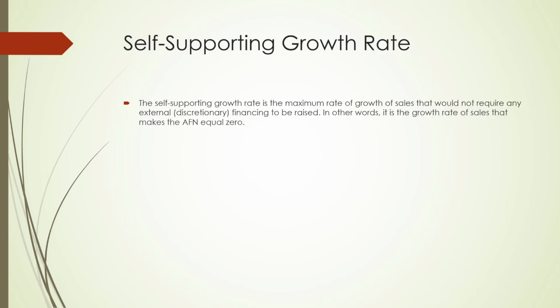Now, we can also use that AFN equation to calculate something called the self-supporting growth rate. And this is the maximum growth rate of sales that does not require any additional external financing. In other words, how fast can they grow without having to tap the capital markets? So if we rewrite the AFN equation so that it includes the growth rate of sales, all we're doing here in these first two terms is replacing the change in sales with the growth rate times sales.